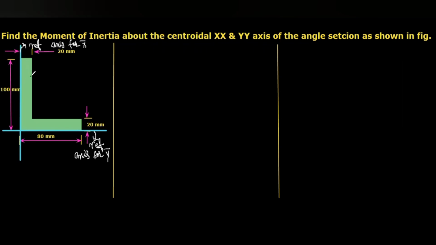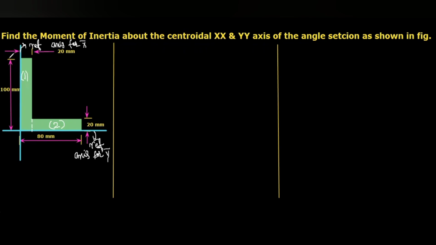And then this angle section, for our convenience, I am going to split into two rectangles, rectangle 1 and rectangle 2. Here, this rectangle 1 up to this I am going to consider. Like this also we can split the two rectangles. So here I am splitting the rectangle like this.